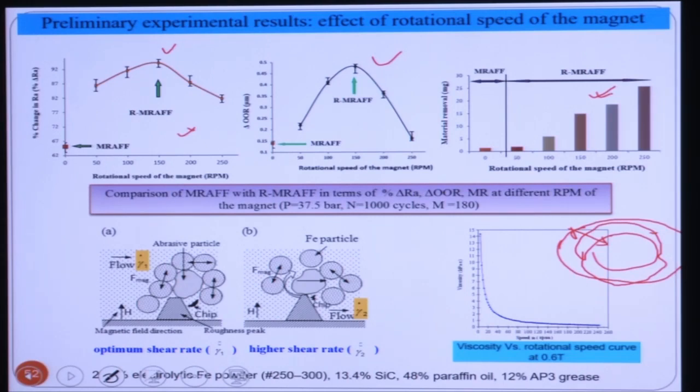So instead of cutting a certain peak height, the abrasive particles will rotate and adjust the depth of cut, and reduce the small peaks from the workpiece surface. So with the increase in the rotational speed of the magnet, beyond the optimum RPM, surface roughness deteriorates, and outer roughness also deteriorates, although metal removal increases.